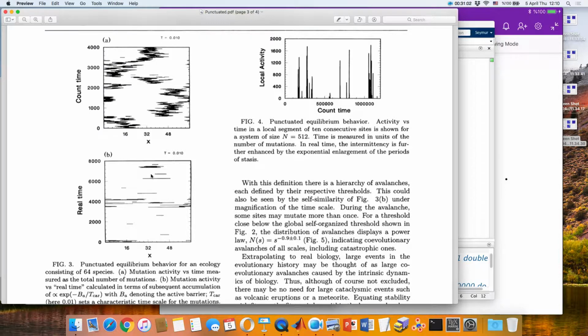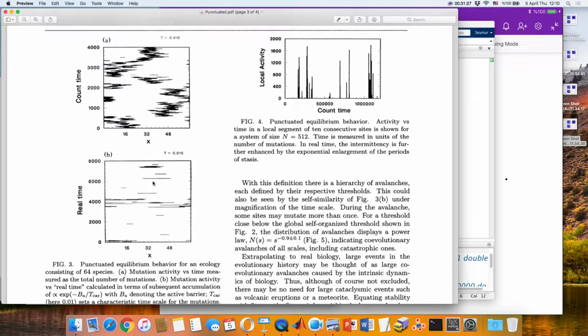So this fitness also corresponds to the number of mutations needed to be better. Okay, and this is the plot that we also made. Do you remember something like this in our plots? But then they turn it into this plot.